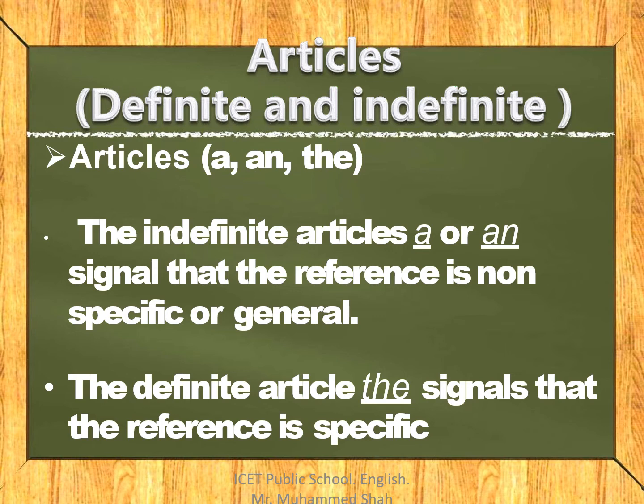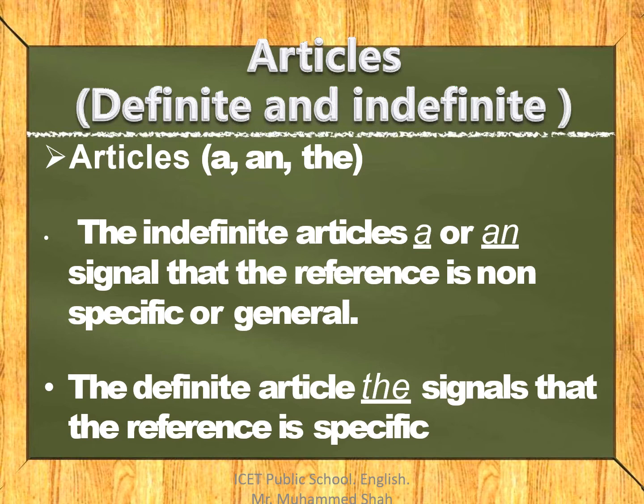If you are telling, as I told you, 'the grade 7', so a particular grade 7, then 'the' shows that. 'A' shows that it is general. If we say 'a grade 7', it can be any grade 7. If there are a number of grade 7s, anyone, general, not specific. So that is the usage.